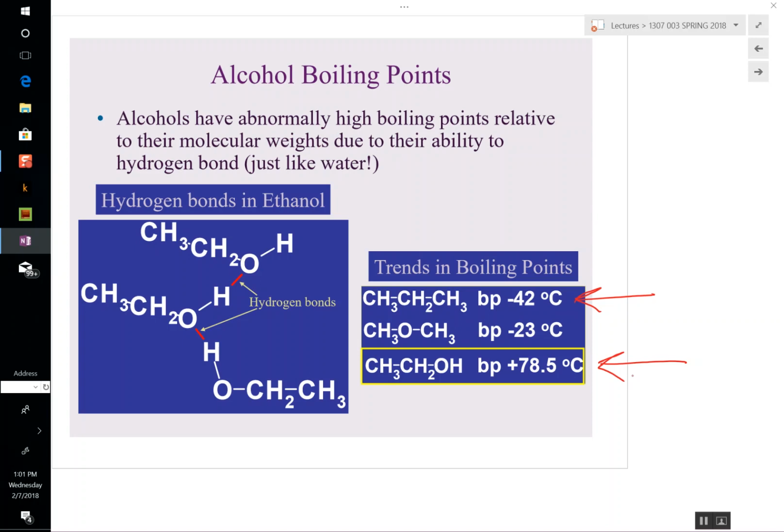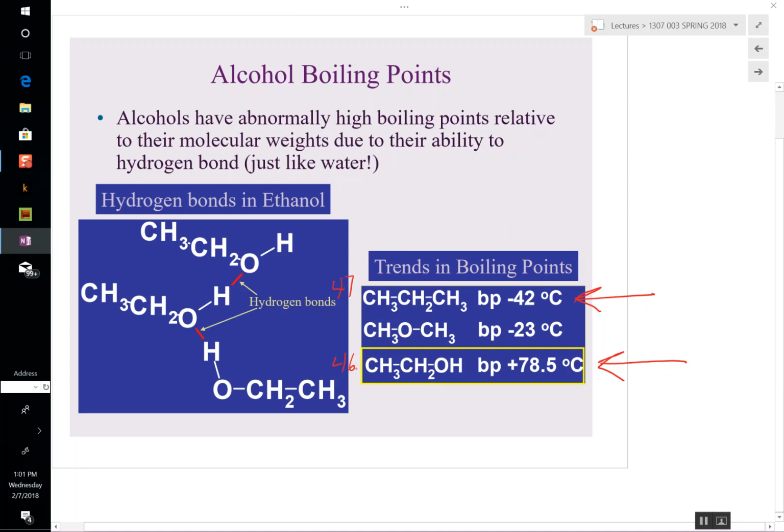Now what is similar about these is their molecular weight. I don't know that offhand. I could probably figure it out: 12 and 12 and 12 is 36, and 9 is 45, 47. So that has a molecular weight of about 47 grams per mole. 12, 12, and 16. So 24, 34, 40, 45, 46.